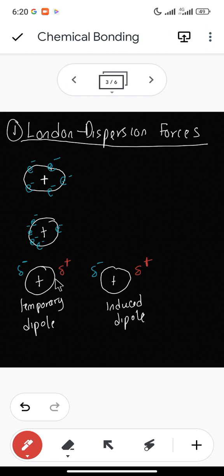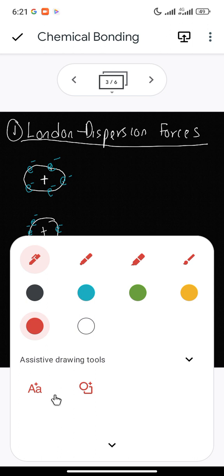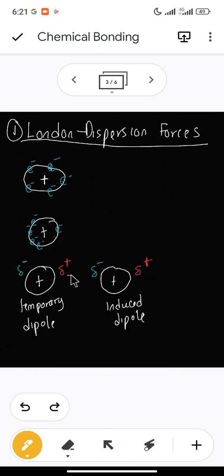So let's assume this molecule is a temporary dipole, and it's in the presence of another molecule, which it has induced to become a dipole. The bond between the both of them is the London dispersion forces. So that's basically the London dispersion forces.